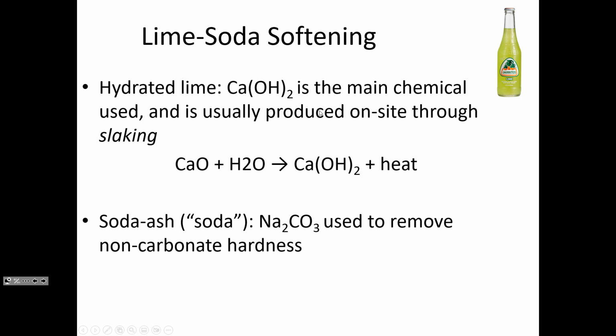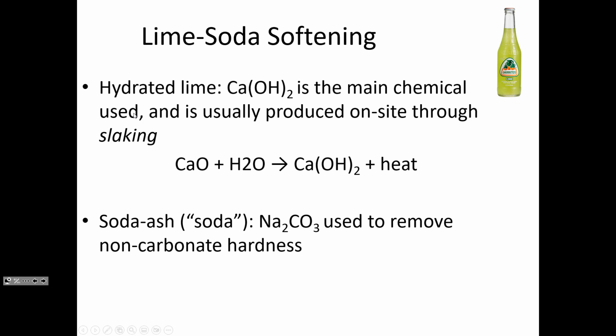And when the water was acidic, then calcium and magnesium dissolved in the water. So the opposite of that is, instead of dissolving an acid into the water, we're going to add a base. We're going to take that water and increase the pH to where those dissolved metals begin to precipitate out.